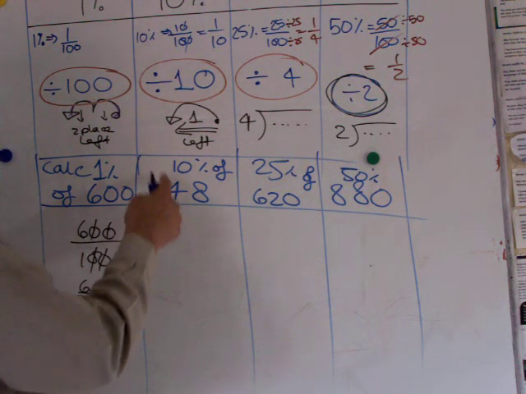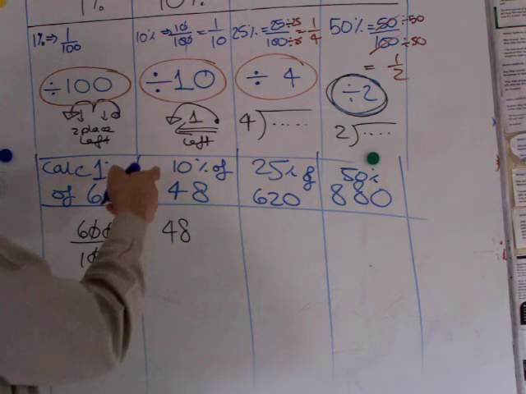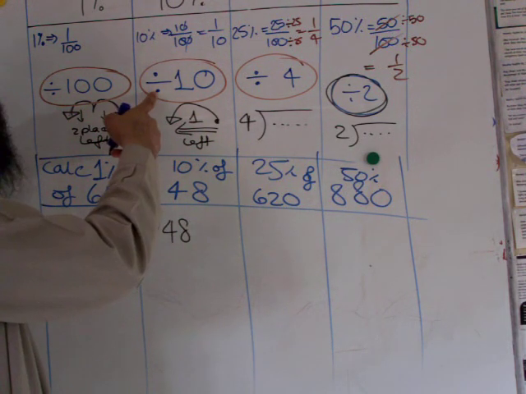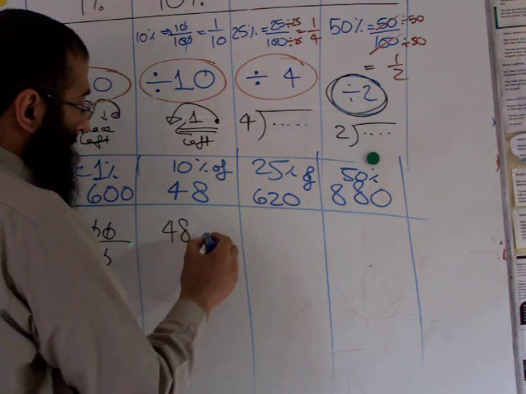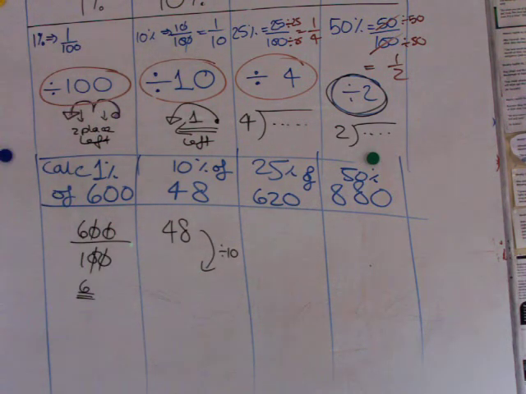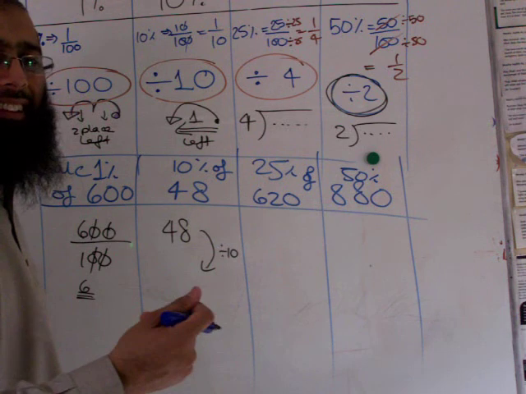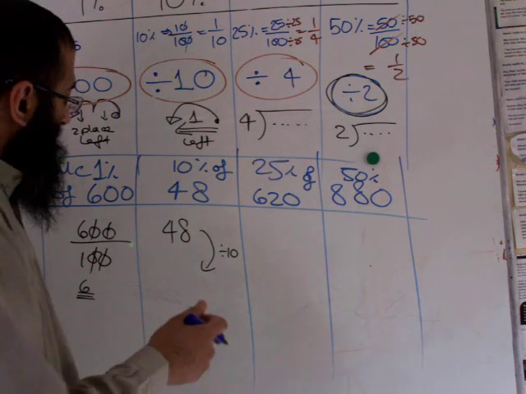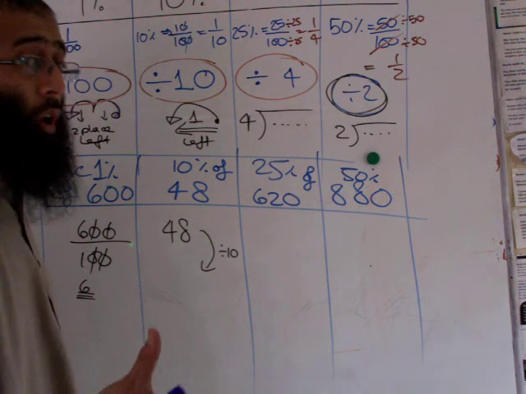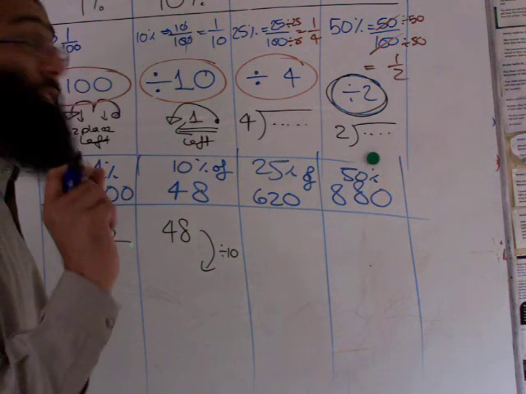Okay, next one, 10% of 48. According to the technique, we need to divide by 10. So 48 divided by 10. Let's just see if all of that's on there. That's lovely, beautiful. Now in the number 48 here, do you have any zeros that we can get rid of? No. Do you have a decimal point? No. Well, actually, yes we do. It's like an invisible one.